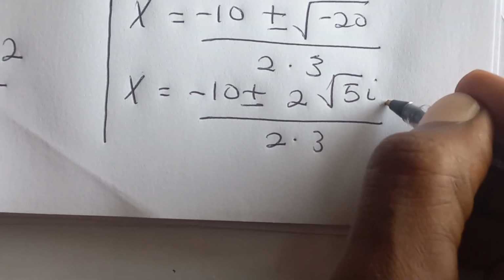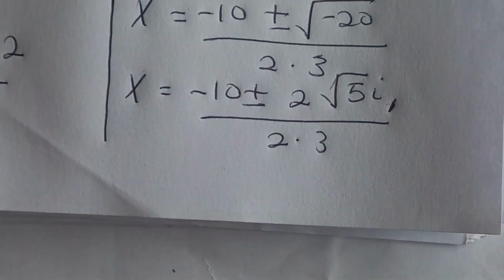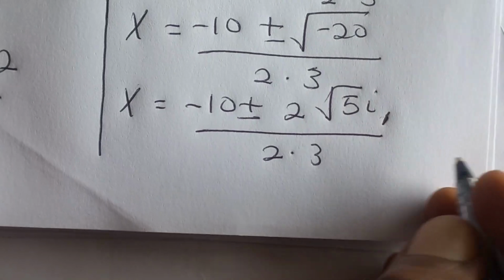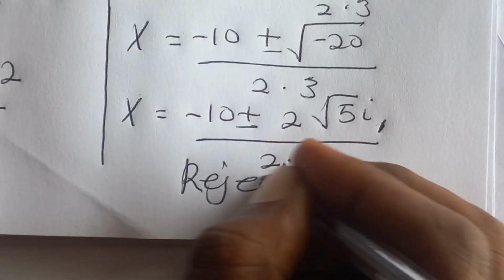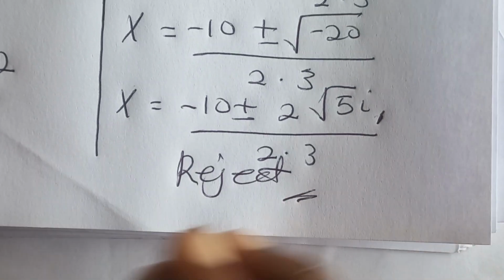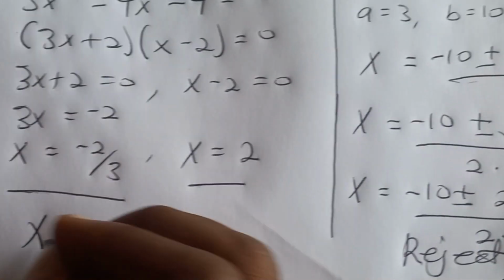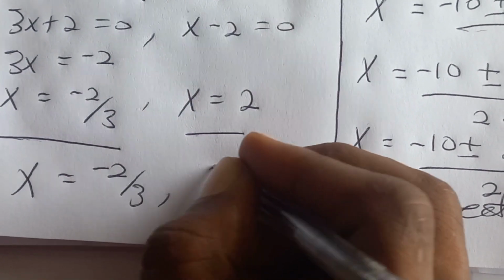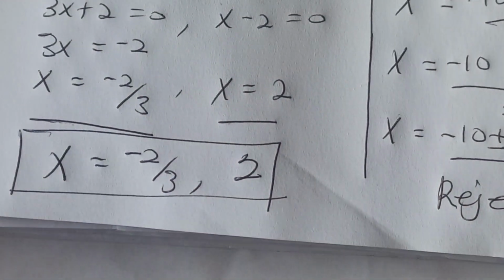Don't forget that this becomes a complex solution. Okay, it's a complex solution, so there's no need for us to continue. So it means that we reject this solution. Okay, so our solution for the expression is x is equal to negative 2 over 3 comma and 2. So this is our final answer for this expression.